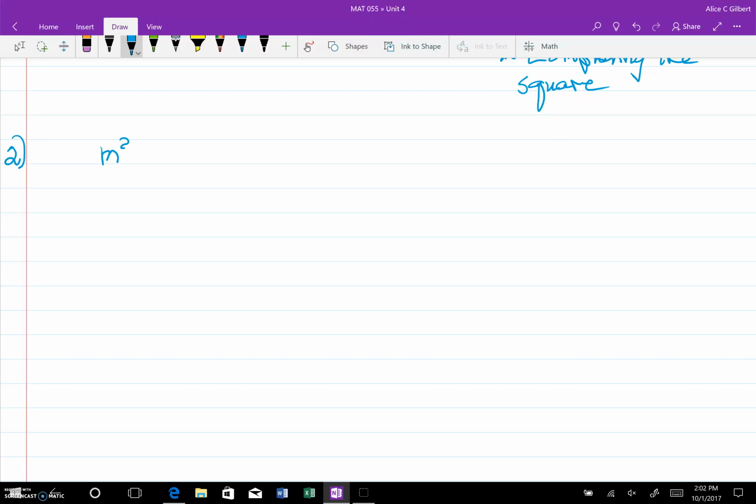I've got m squared minus 4m minus 32 equals 0. Right away, I look at this sign, I know this is not a perfect square trinomial. If it were, I'd just put that into a perfect square trinomial and go from there. I'm going to set up my two steps here.